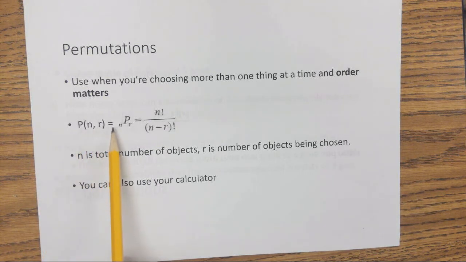So n is the number of objects, whatever it may happen to be, and r is the number of objects being chosen. So, like say 10 shirts, and I'm choosing 5 to wear on Monday, Tuesday, Wednesday, Thursday, Friday.